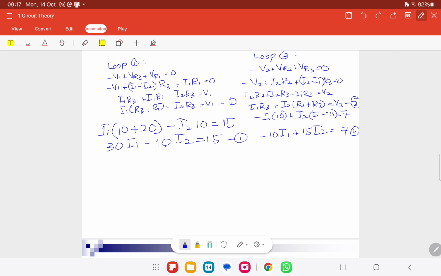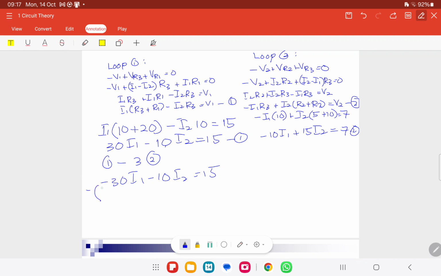So kita boleh buat equation 1 minus, sebab kita nak potong ni. Ni straight away you boleh pakai calculator, kan? Yang dua simultaneous equation tu. Okay, kalau tak pakai calculator, kalau nak main potong-potong, equation 1 tolak 3 equation 2. Betul tak Fatihah? Sebab kita nak potong kan? Jadi 30 I1 tolak 10 I2 equals to 15.